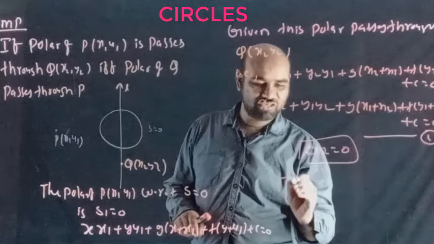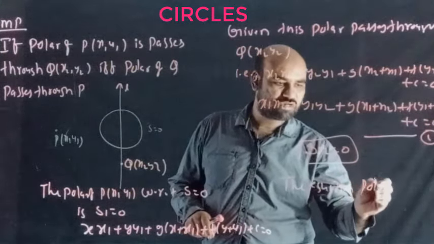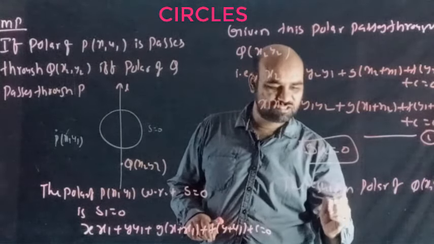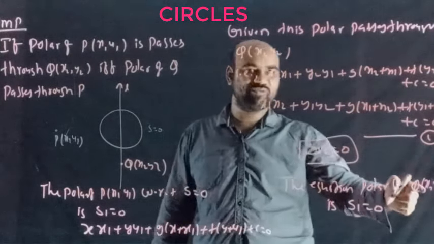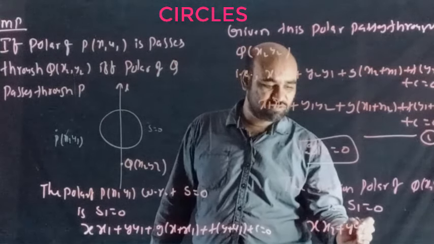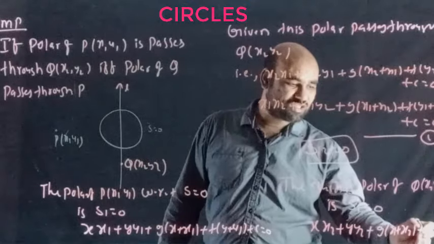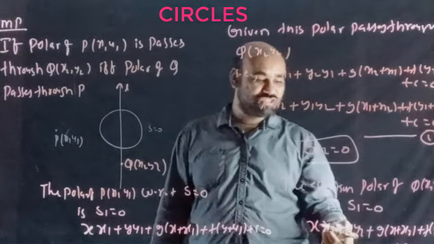So the equation of the polar of Q (x2, y2) is again S1 equal to 0 only. Here x1, y1 means x2, y2: x x2 plus y y2 plus g times of (x plus x2) plus f times of (y plus y2) plus c equal to 0. This is the equation of the polar of Q.